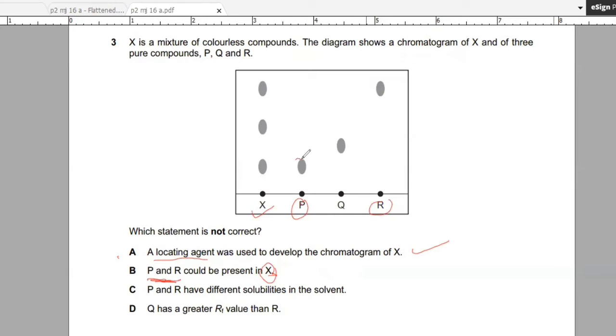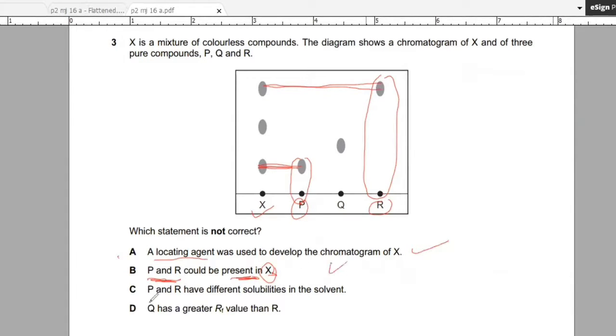P is basically this color, right? R is basically this color, right? So P and R could be present in X. They are matched up here and compared with X, lying in the same line. So that means P and R could be present in X. This is also a correct statement.